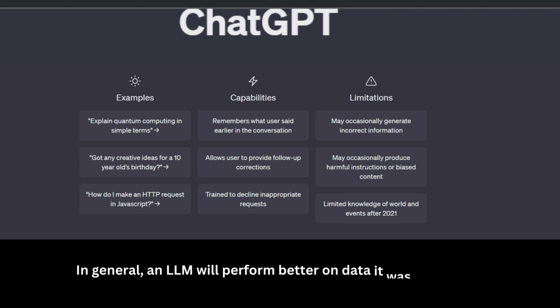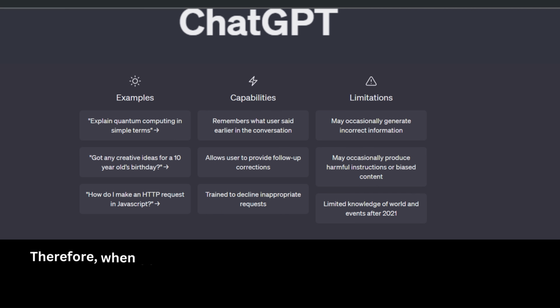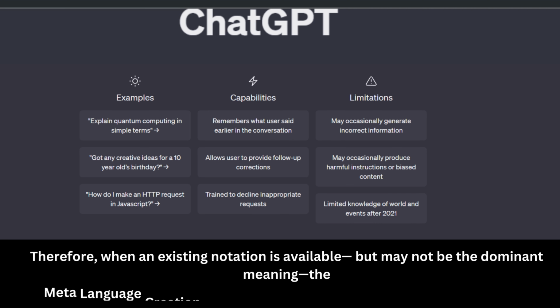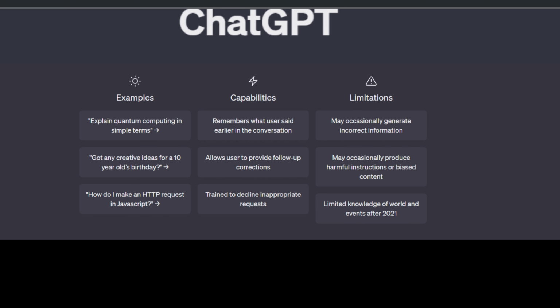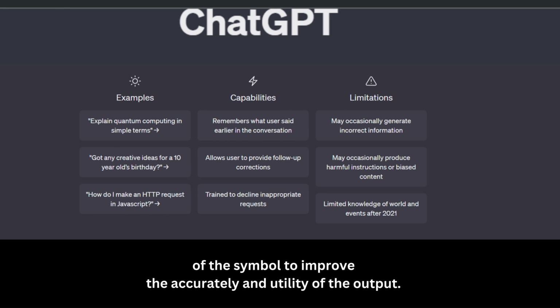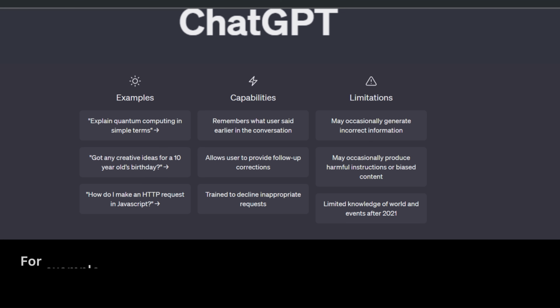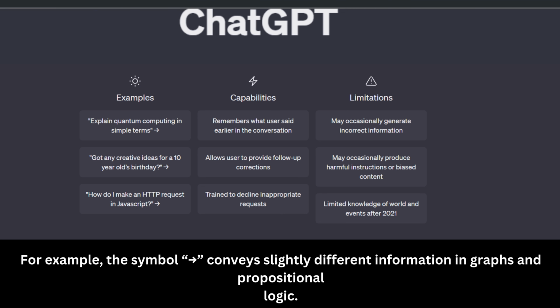In general, an LLM will perform better on data it was trained on. Therefore, when an existing notation is available but may not be the dominant meaning, the meta-language creation pattern can provide context to scope the meaning of the symbol to improve the accuracy and utility of the output. For example, the symbol conveys slightly different information in graphs and propositional logic.